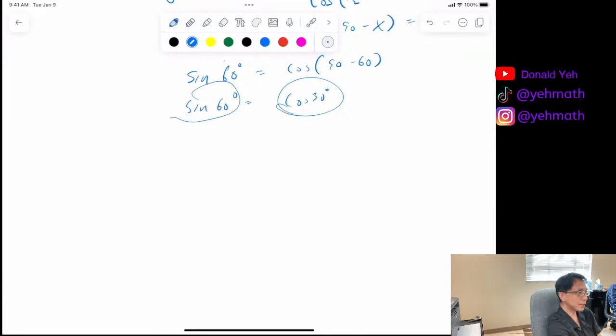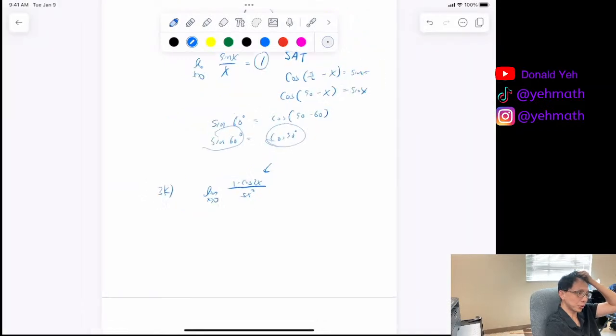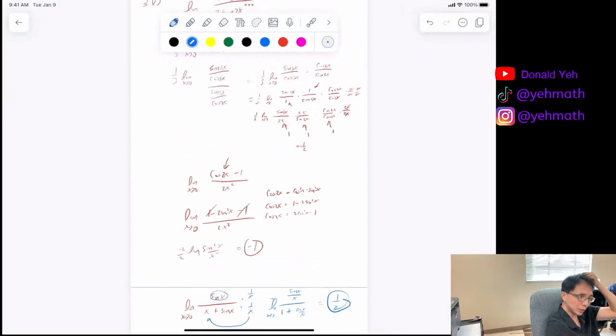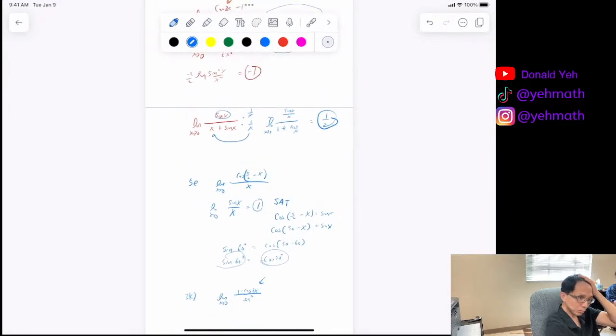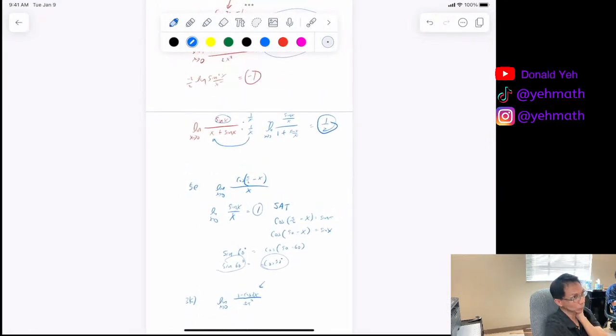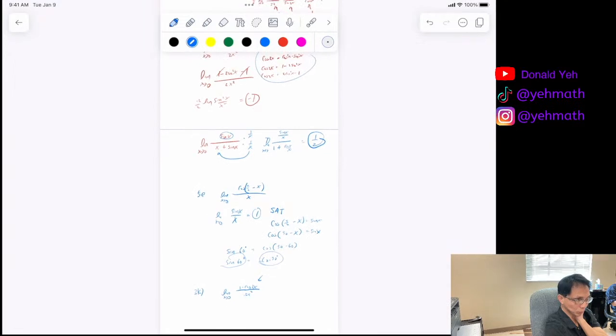3A, what does 3A say? 3K, what does 3K say? Okay, same thing. Out of the three different choices here, which choice do I want to choose? I want to choose the one where I can cancel out the 1.